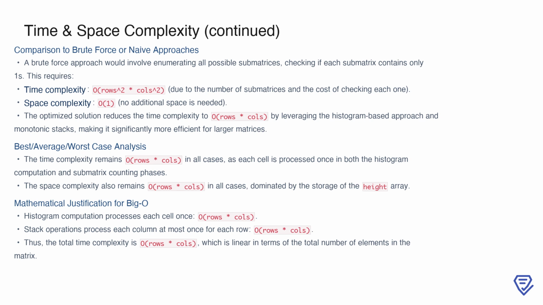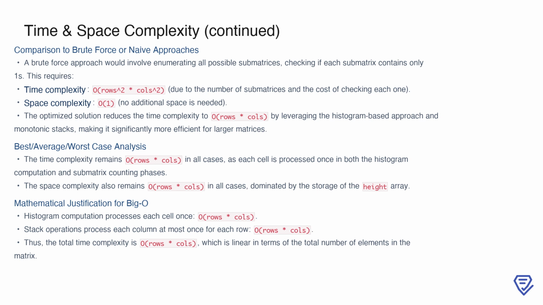By contrast, the optimized solution we've discussed leverages the histogram representation and monotonic stacks to reduce the time complexity to O(rows * cols), which is linear with respect to the total number of elements in the matrix. The space complexity is O(rows * cols), dominated by the storage of the height array.